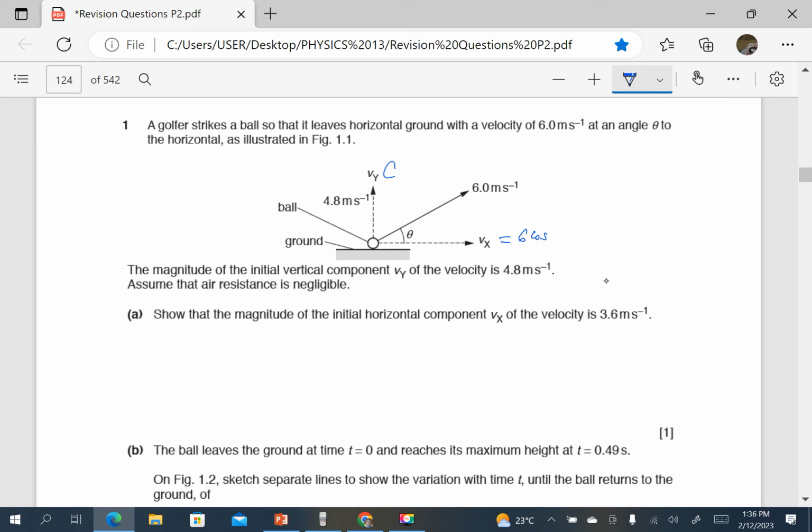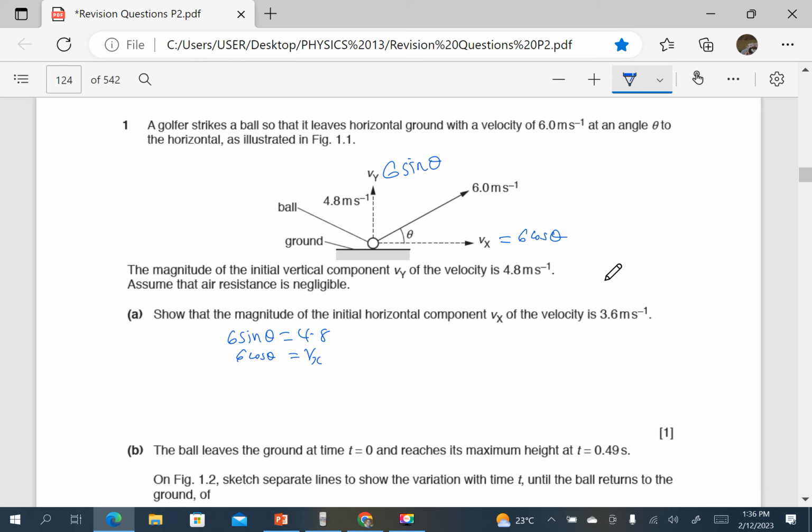So Vy is 6 sine theta, Vx is 6 cos theta. So we are saying that 6 sine theta is equal to 4.8 and 6 cos theta is equal to Vx. So we want to show Vx is 3.6.